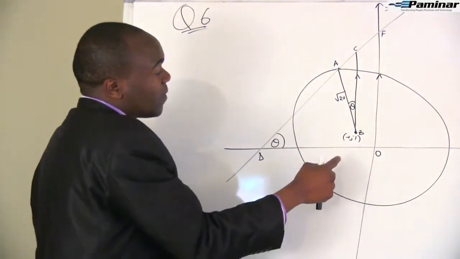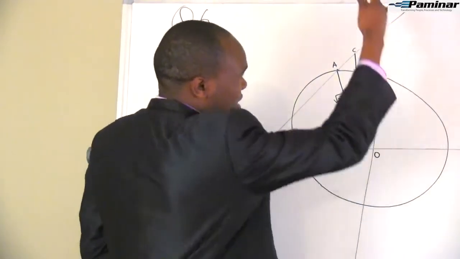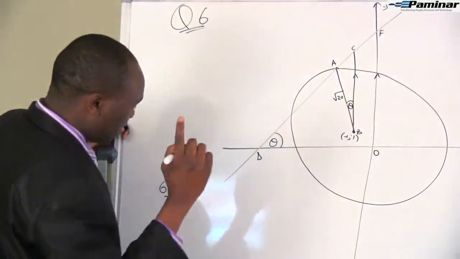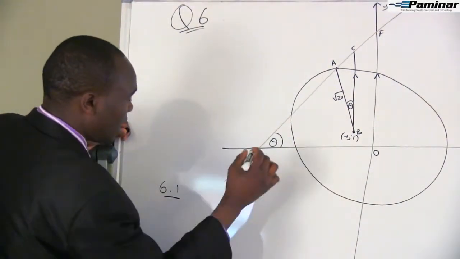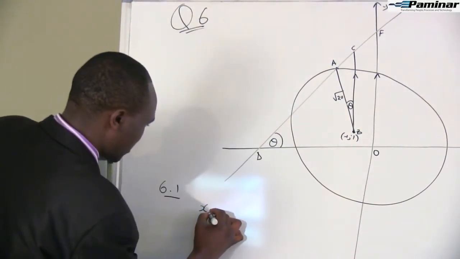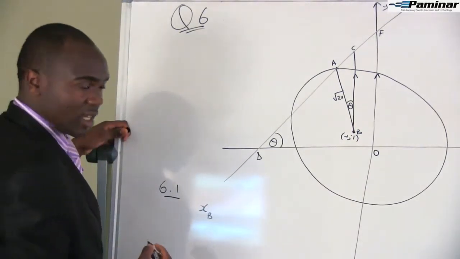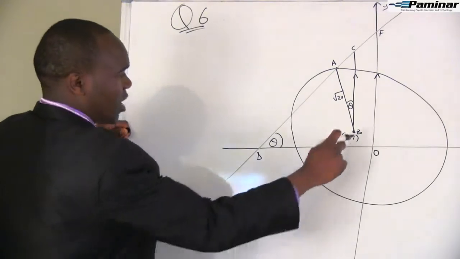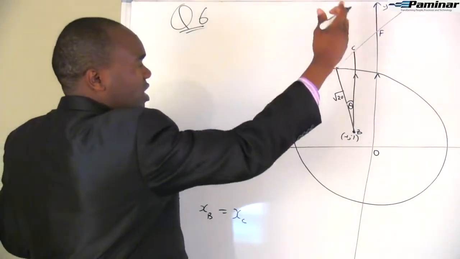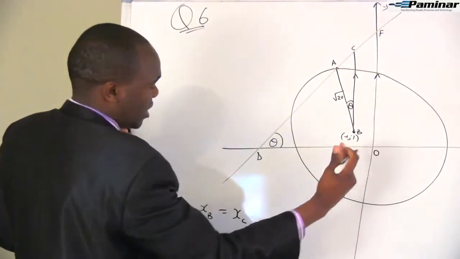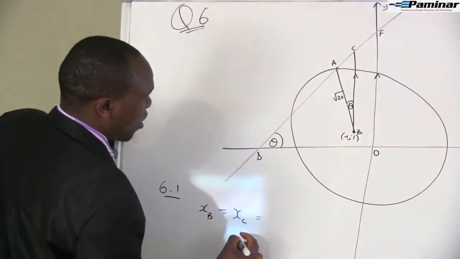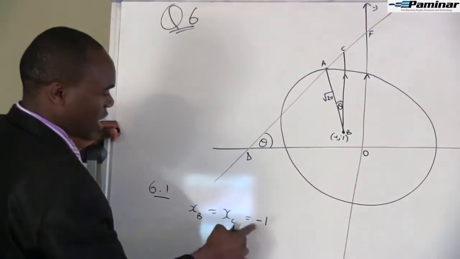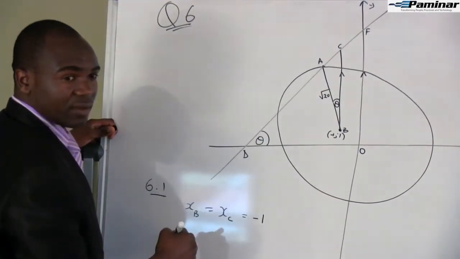So this is x, this is y on the Cartesian plane. So meaning to say, xB is equal to xC. The x that is here is the x, because this is a straight line parallel to this one, right? And then, what is xB? Minus 1. So xC is minus 1.